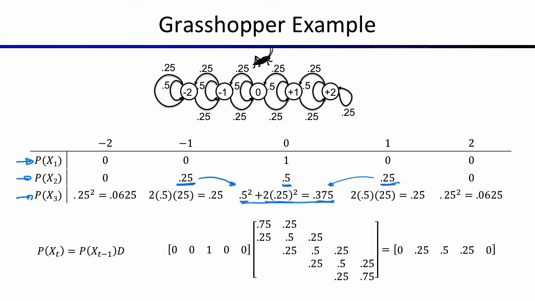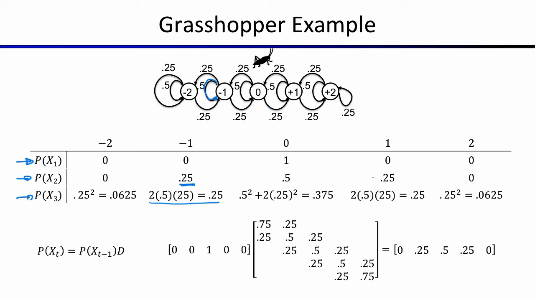We can also compute to another position, right? So let's suppose that we want to compute to this position here. So what are the possibilities? Well, the first possibility is that the grasshopper was already here, and it decided to continue here. So it's going to be 0.25 times 0.5. 0.25 is the probability of being in the previous state, and 0.5 is the probability of continuing here in the state -1.